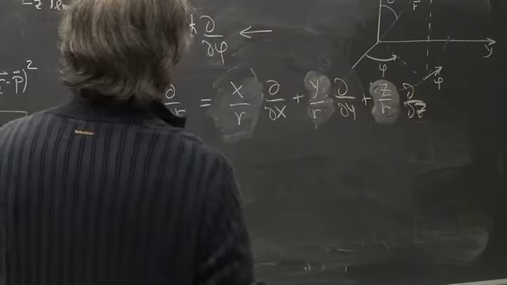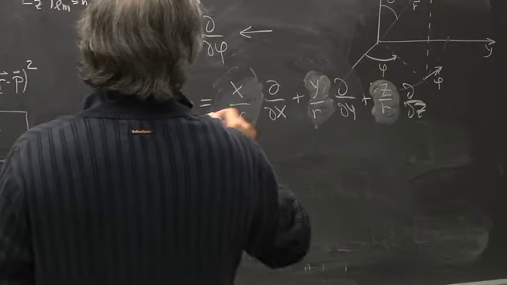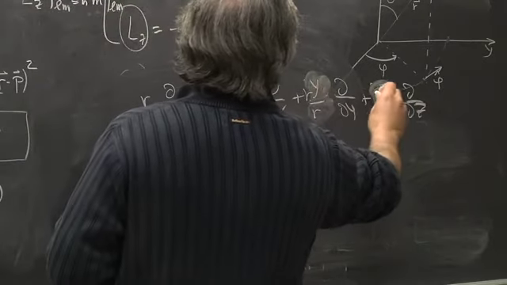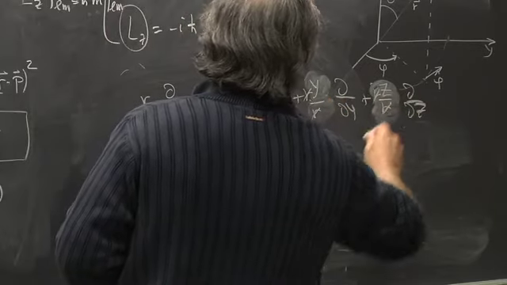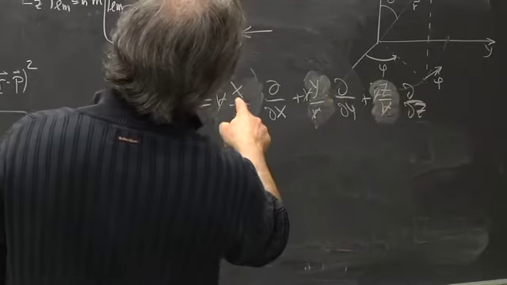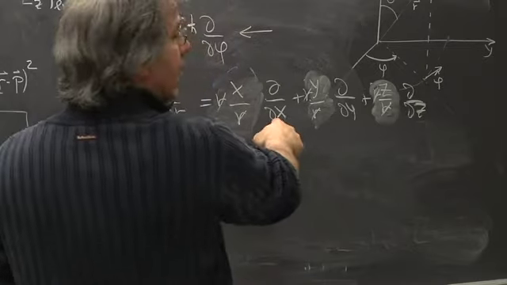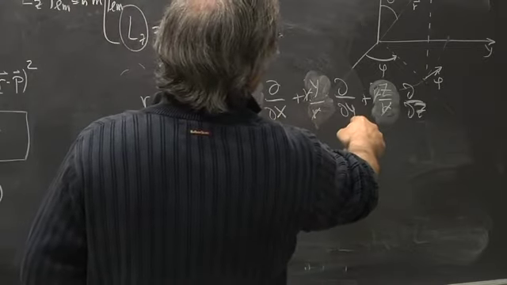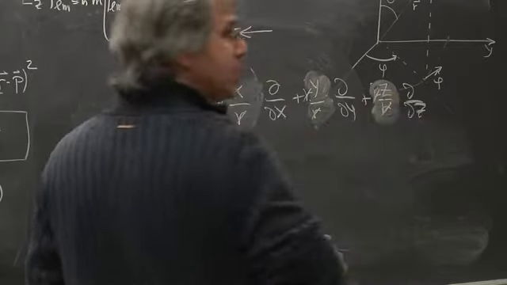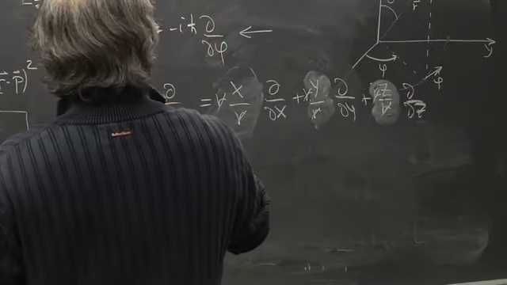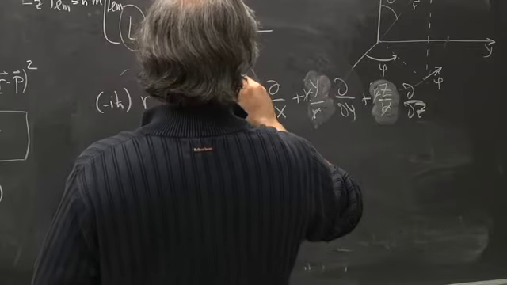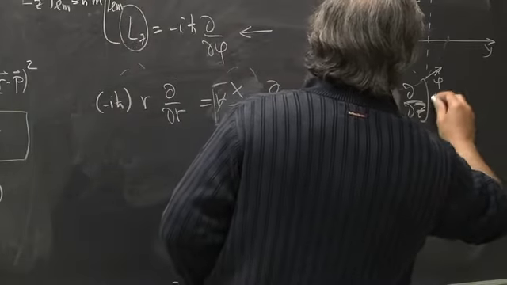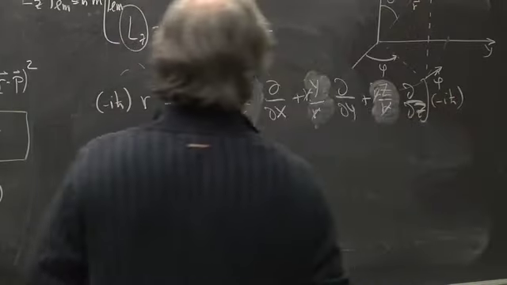So if I multiply everything by R, the expression I have is x times d in x plus y times d in y plus z times d in z. Put a minus i h bar in front, and what you get is this times minus i h bar.